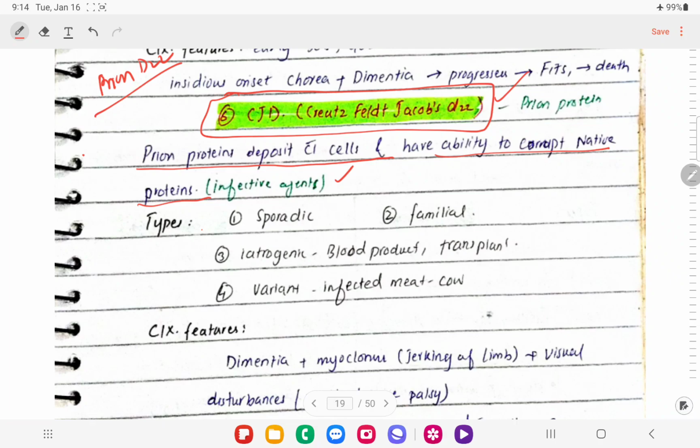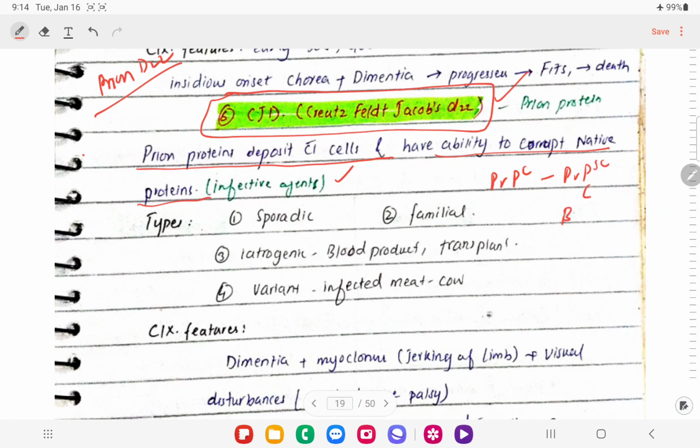Most infectious agents have nucleic acid, but these are special, very unique proteins that are devoid of nucleic acids, right? And what they do is convert the normal prion protein PrPC into the PrPSc type, right?